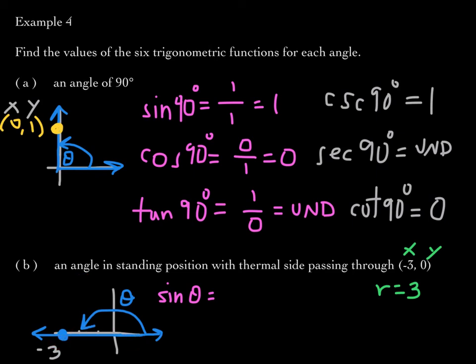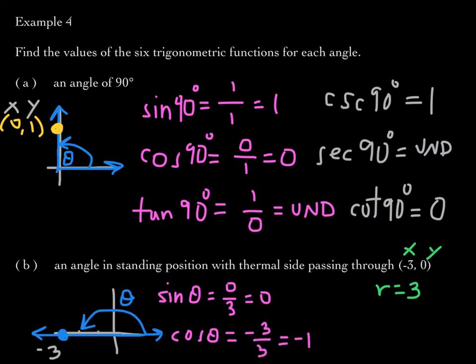So I'm just keeping it as theta. Sine of theta, remember, is y over r, 0 over 3, which is just 0. Cosine of theta is defined to be x over r, so it'll be -3 over 3, which is -1.